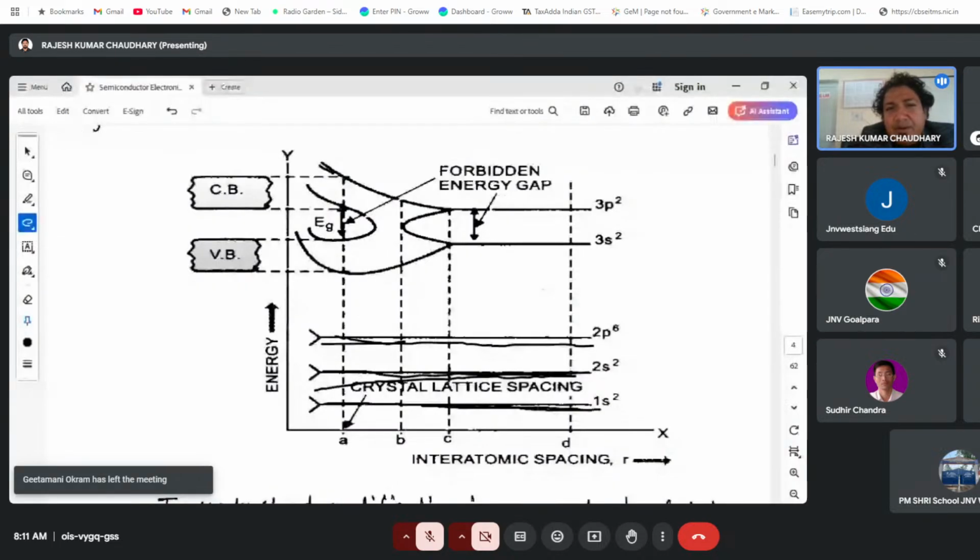It consists of very fine lines, remember. These consist of billions and trillions of electrons. That's why we are not representing a single electron or a single atom. That's why we say it is a band.